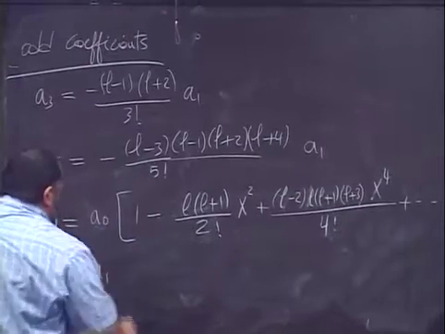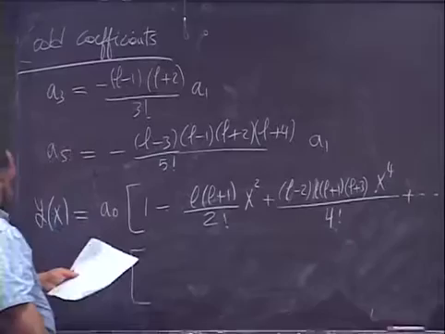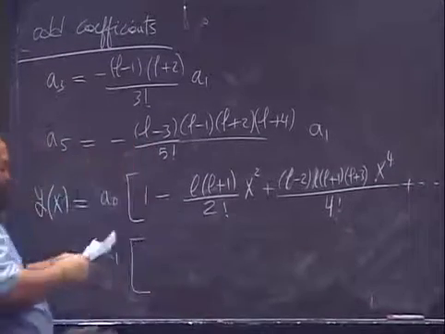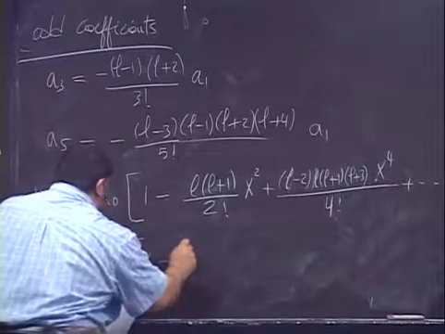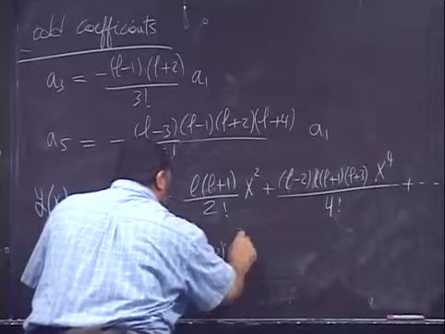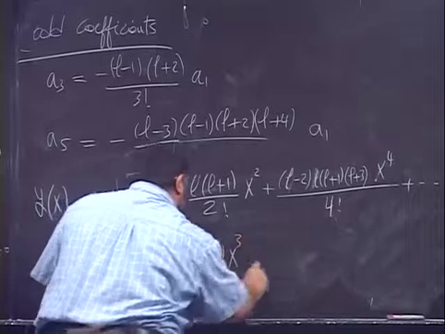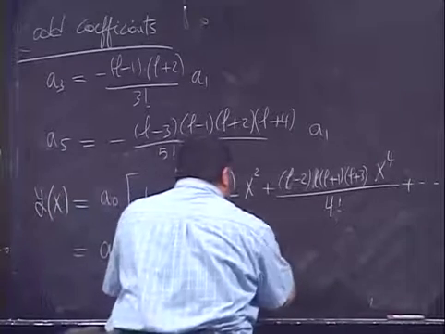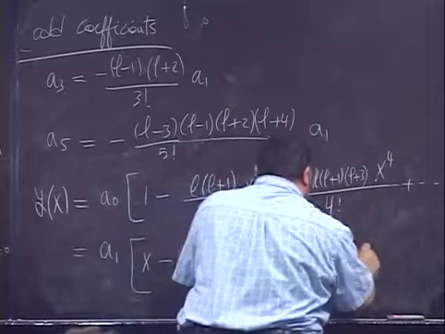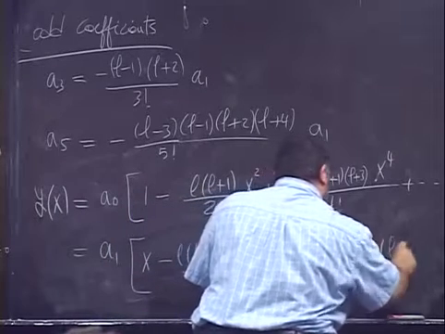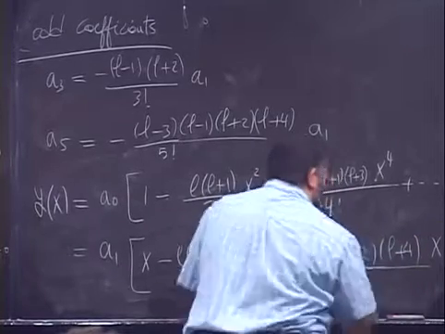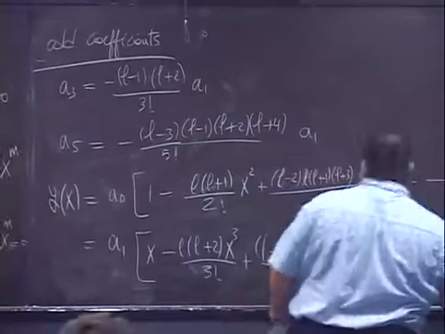The second term is A1, and this will have what? We'll have the first term x minus L plus 2 x cube over factorial of 3 plus L minus 3 L minus 1 L plus 2 L plus 4 x to the power of 5 divided by factorial of 5, and so on.